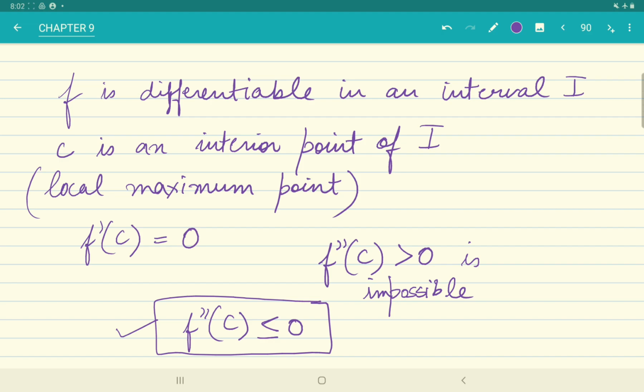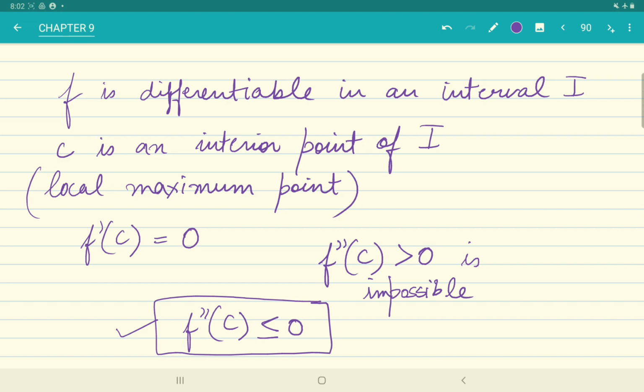We know that we have a function f which is differentiable in an interval I. C is an interior point of I, and f is differentiable in that interval I, but I also know that c is a local maximum point. What does that mean? That means c is definitely a stationary point. So f prime c is equal to 0.